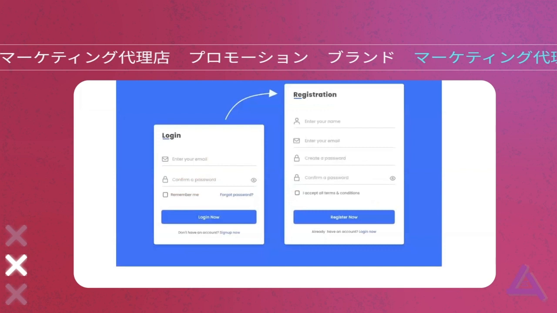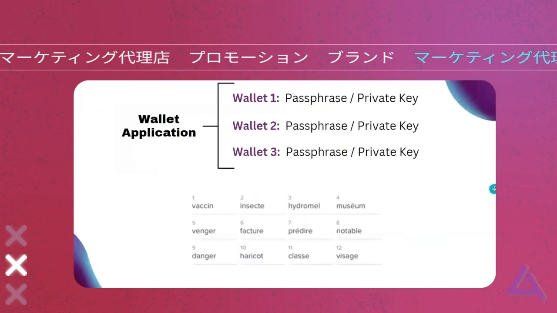And as we said before, it's a matter of mindset, because we are used to logging in with a username and password and doing a registration. And if we lose the password, then we can retrieve it again from an email. But now we're talking about wallet applications. You have one wallet application or more, right? And in that wallet application, you can have several wallets too.